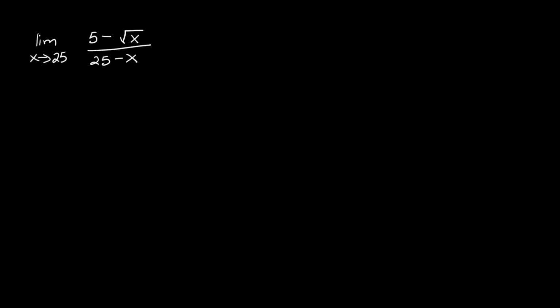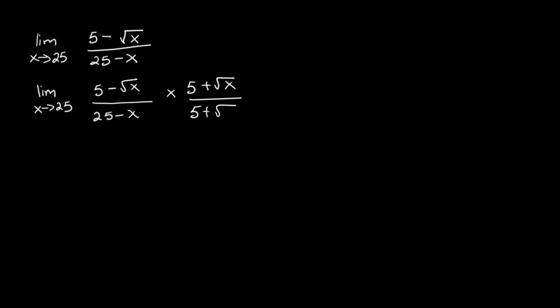Now to rationalize this limit, we need to find the conjugate of the radical. And so our new problem would be the limit as x approaches 25 of 5 minus the root of x divided by 25 minus x multiplied by 5 plus the root of x divided by 5 plus the root of x. And this would be the conjugate of our radical in the numerator.